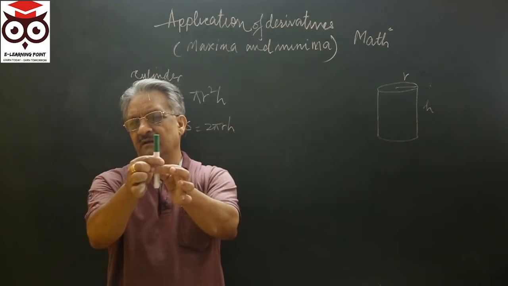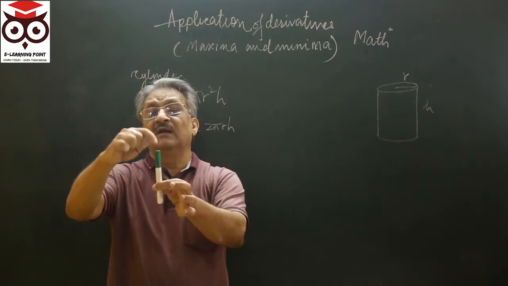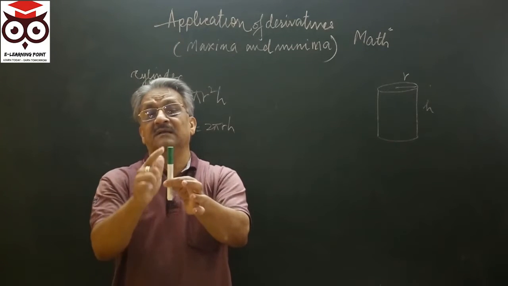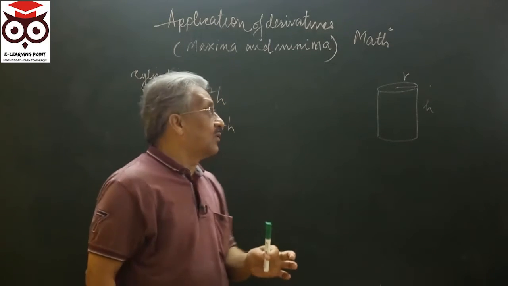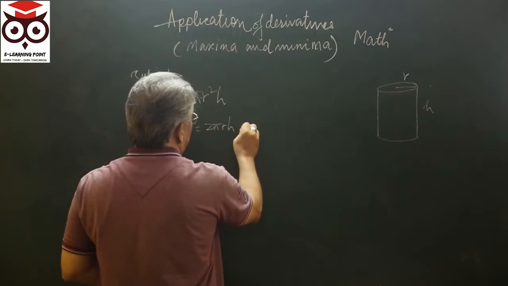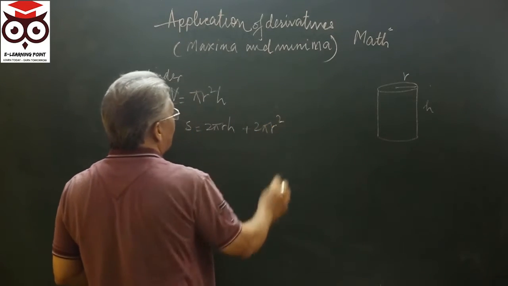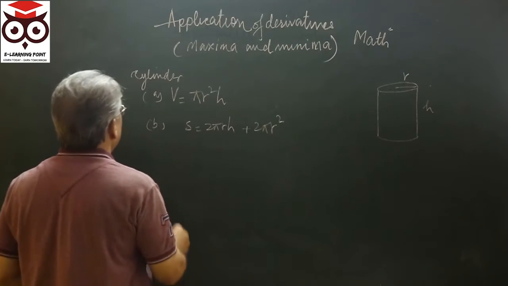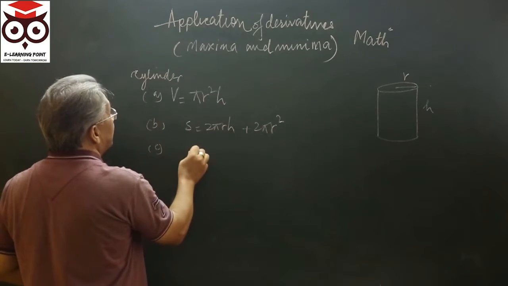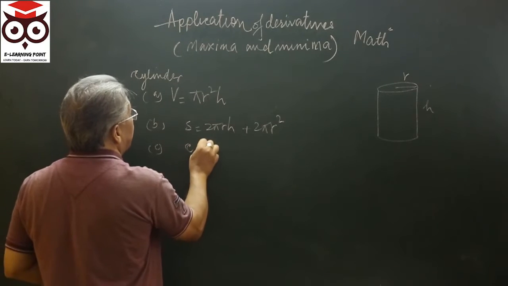So this area is called curved area, right? There is one area here, and this is both ends closed. So we can say the total area will include 2 pi r square. And another formula is here, curved area.